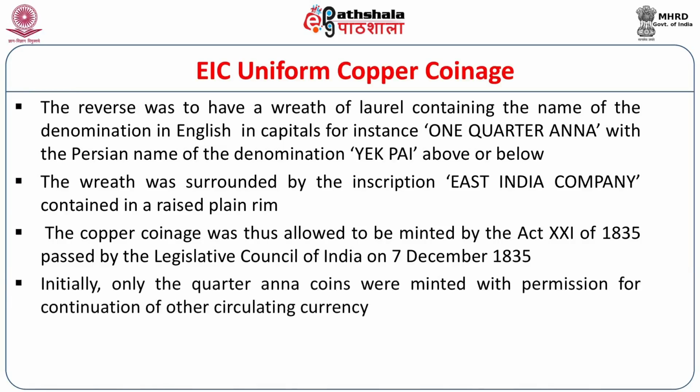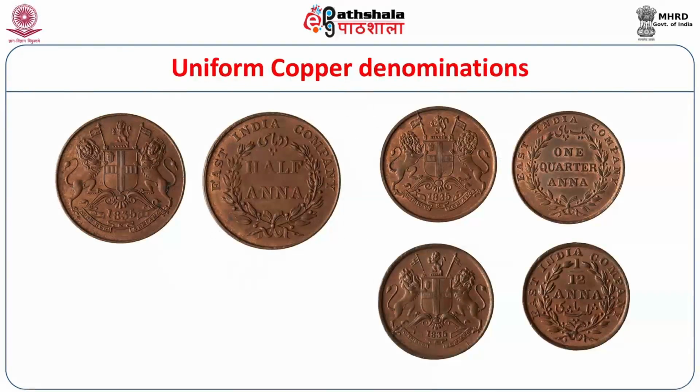Initially, only the quarter anna came to be issued, with permission for continuation of the earlier coins of the presidencies. Much later, the other coins came into implementation. So we see these 3 copper denominations that I've just mentioned with the date 1835 and the various devices of the East India Company.